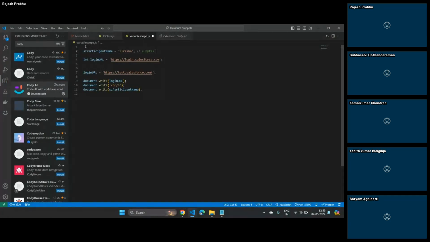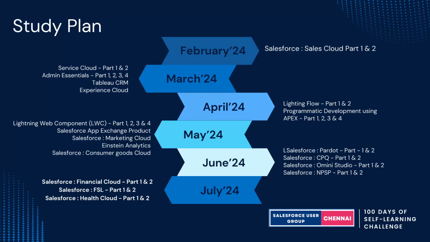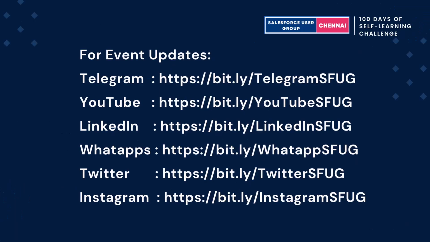Earlier this was the case, and it's still a flexible language, you can still do that. But best practice says to try to use let or const, whichever is needed as per the coding, to preserve memory and save your memory space.